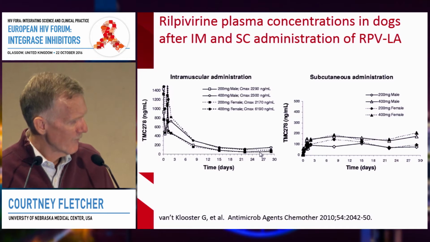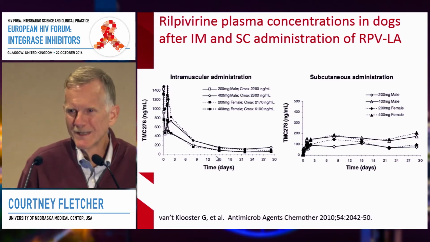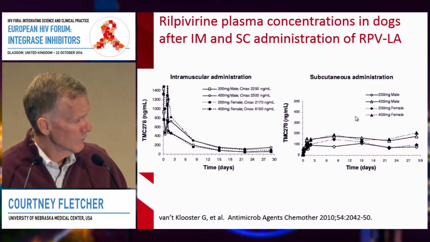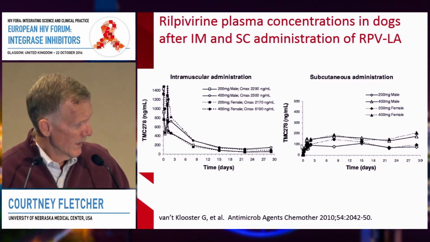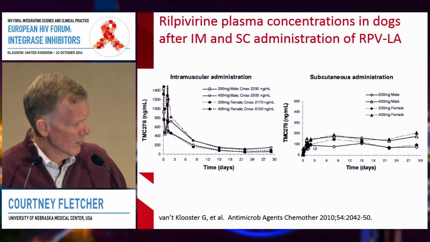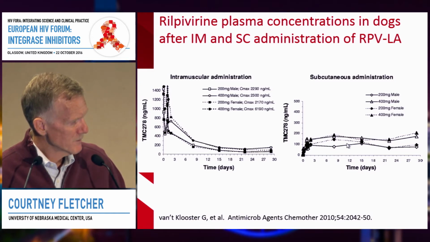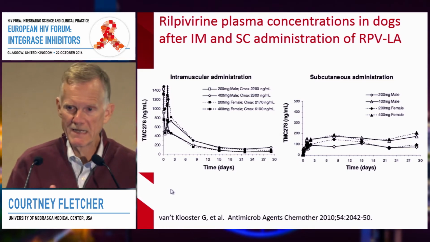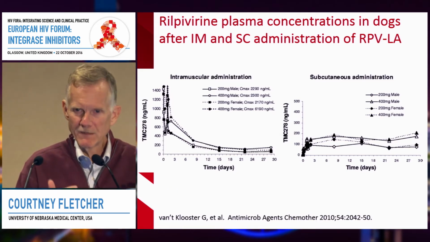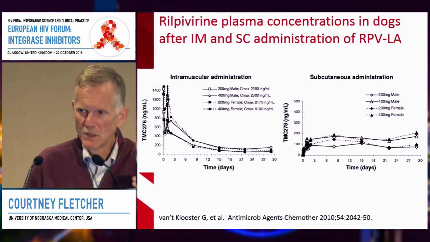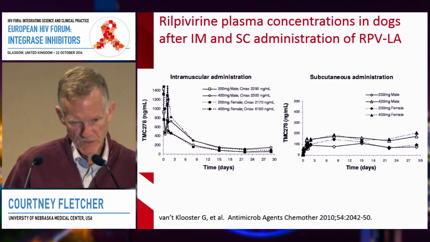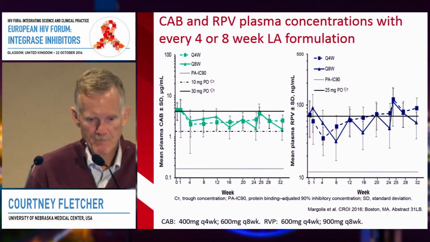But a decay profile that looks much more like what you would expect to see after oral administration. In contrast, with sub-Q administration, as I've already alluded to, a lower peak concentration, but a much more sustained profile, again indicating this drug is entering into the systemic compartment in different ways than IM injection.